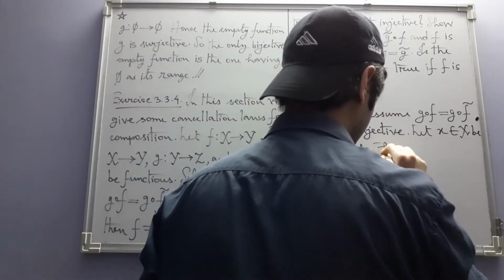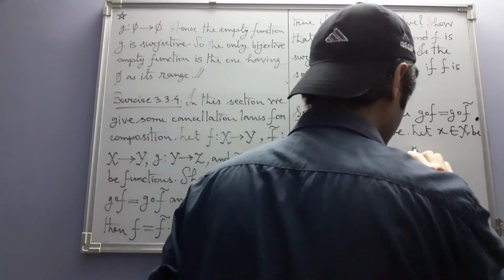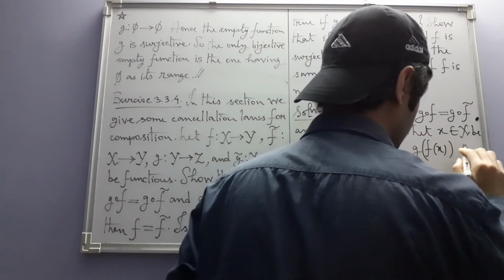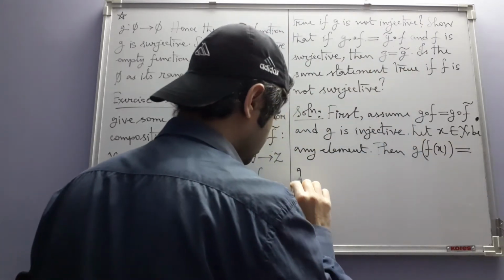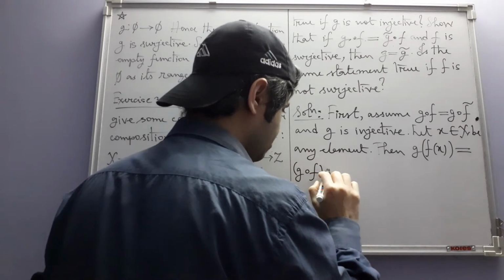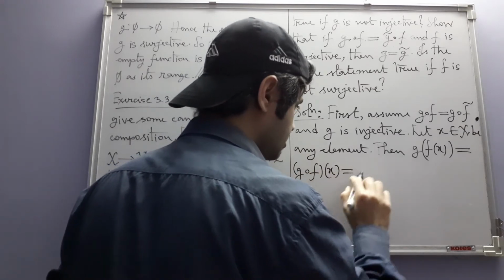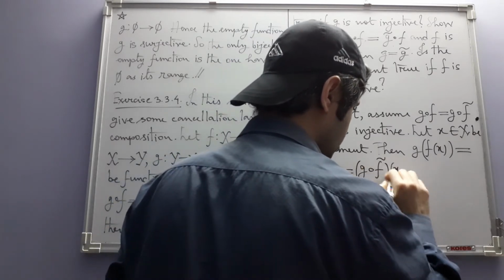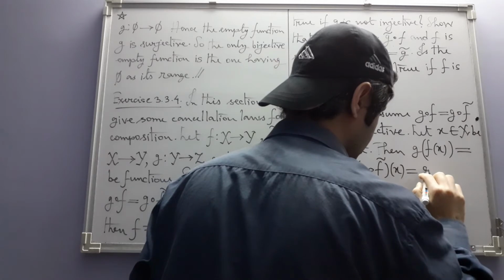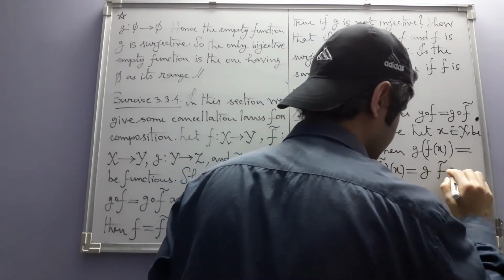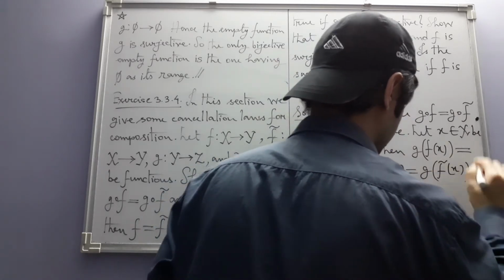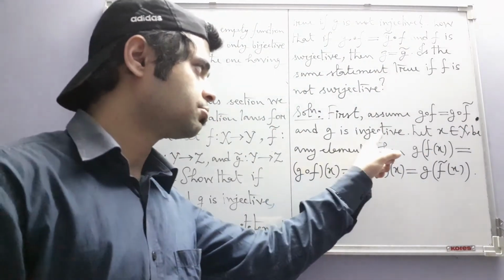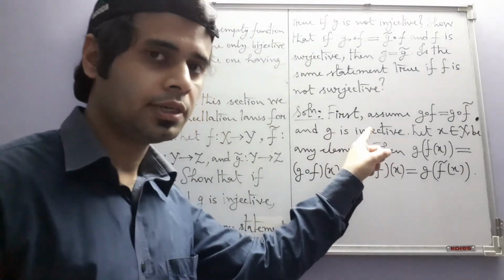Then we write it like this: G of Fx, which is equal to G composition F of x, this is equal to G composition F tilde of x, and this is equal to G of F tilde of x. Okay. Now we use this condition that G is injective.